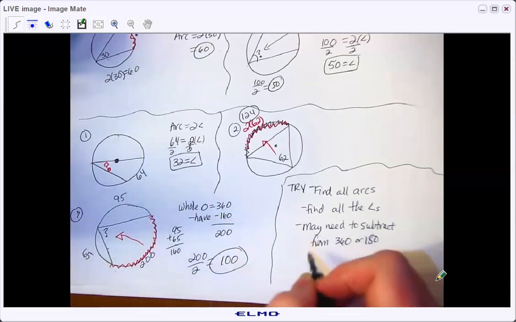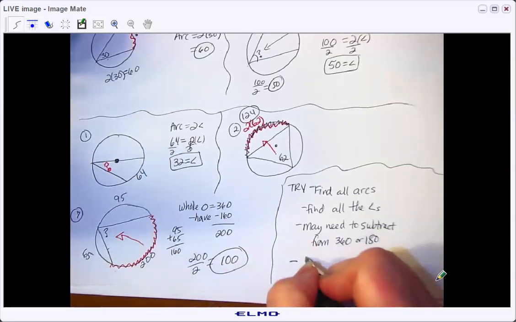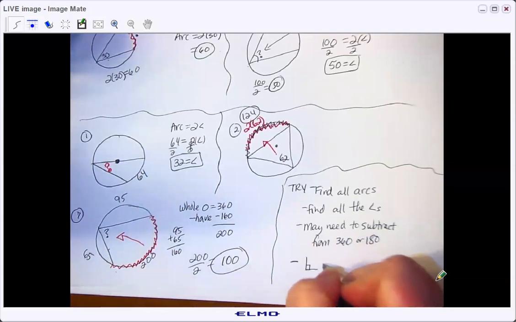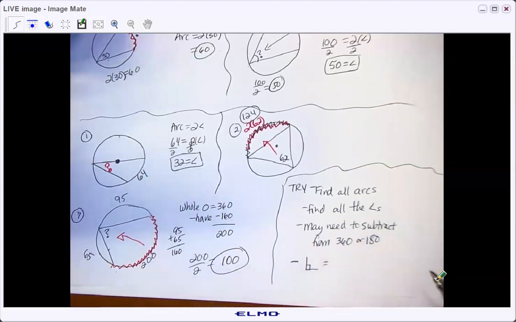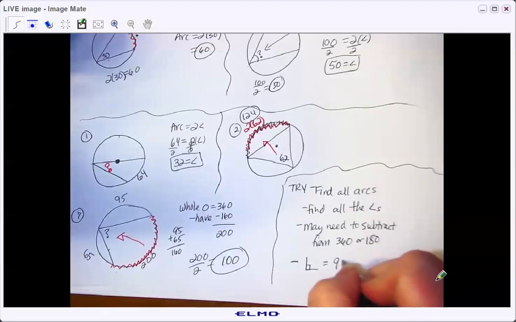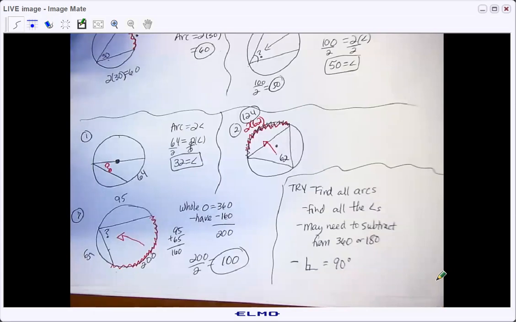And then last, anybody remember what that little box means? How big? 90. 90 degrees. Okay. There's one of your problems that uses that in it. It's like, okay, I better remind them just in case. So these are some of the things that we'll want to try. This is not an exhaustive list by any means. This is just something to get you started.